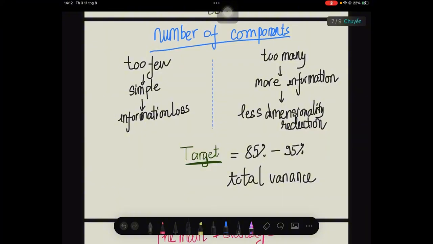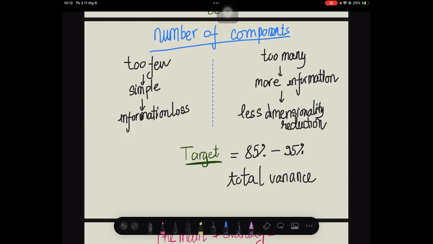This leads to one of the most important practical questions: how many principal components should we keep? If we keep only 1 or 2 components, the dataset becomes extremely simple, but we may throw away too much information. If we keep all the components, we retain all the information, but we gain very little from dimensionality reduction. So there is a trade-off.